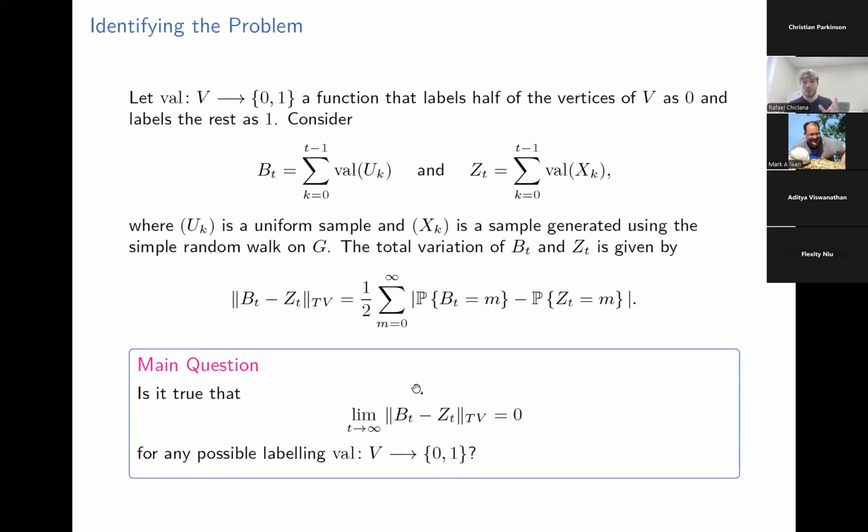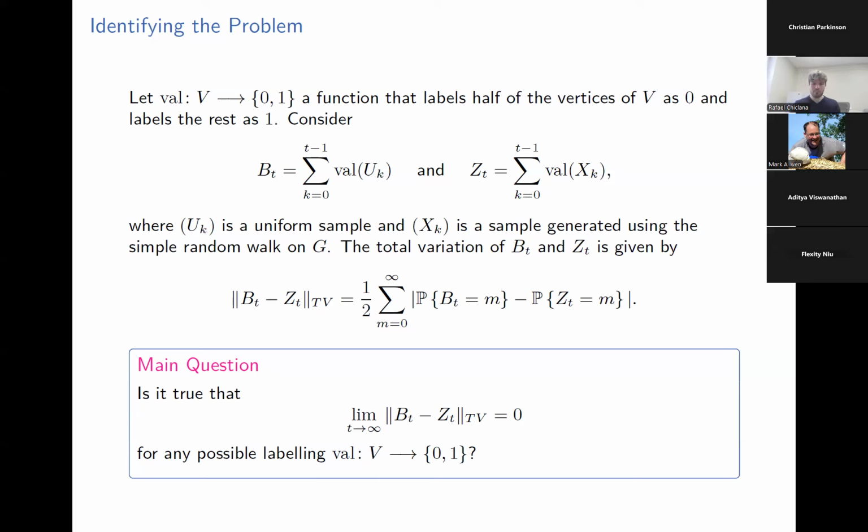So if we want to fool symmetric functions using this cheaper sampling, what we need to guarantee is that the limit in total variation distance goes to 0. So this will be the goal. We want to prove that this is true. And to do that, we need to understand the limiting behavior of B_t, the uniform sample, and the limiting behavior of Z_t, the sample generated by the simple random walk.